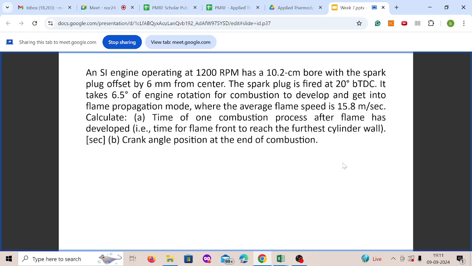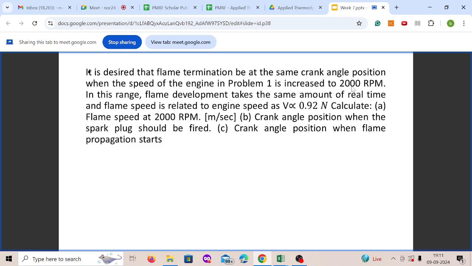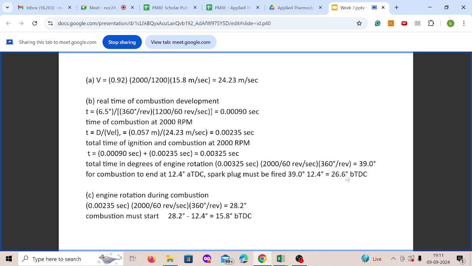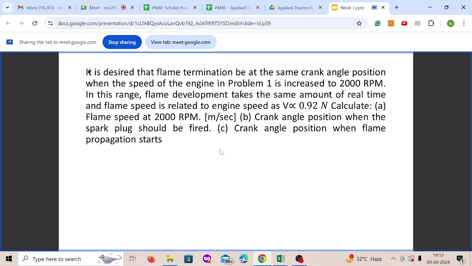Previously in the problem, if you see, the spark plug is fired at 20 degrees before top dead center, but when the speed is increased to 2000 rpm, it should be fired 26.6 degrees before top dead center. Now the engine rotation during combustion, and the crank angle position when flame propagation starts.